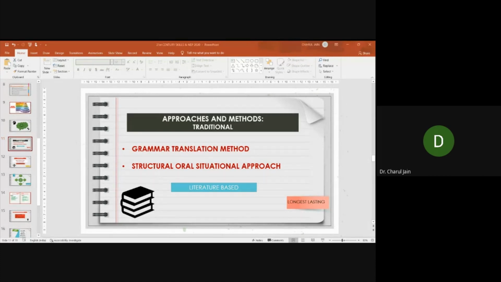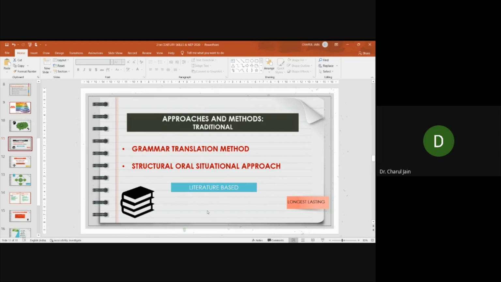In the grammar translation method, the mainstay of this teaching methodology was to teach grammar, and we were taught how to translate from one language to another. A lot of emphasis was on accuracy. All these approaches were primarily literature based, so whether we are learning grammar or translating, most of it was done through teaching of literature.